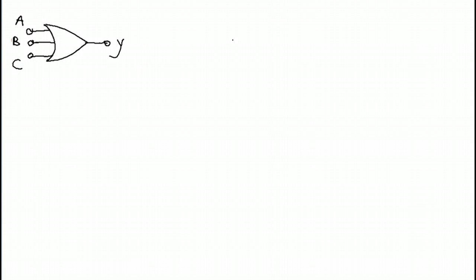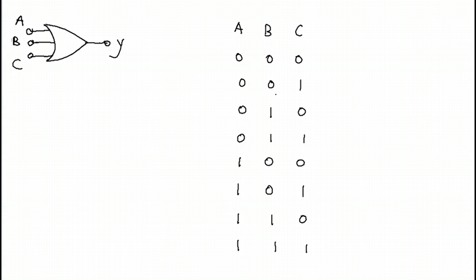So if you are asked to draw the truth table of such an OR gate, the first thing one has to do is to set up the input part of the truth table, which will have 8 rows, because there are 8 permutations of A, B and C, starting with 0, 0, 0 and going right down ending at 1, 1, 1. The output now has to be written. Remember the rule: when all of A, B and C are equal to 0, that's in the first row, that is the only case where Y is going to be equal to 0.